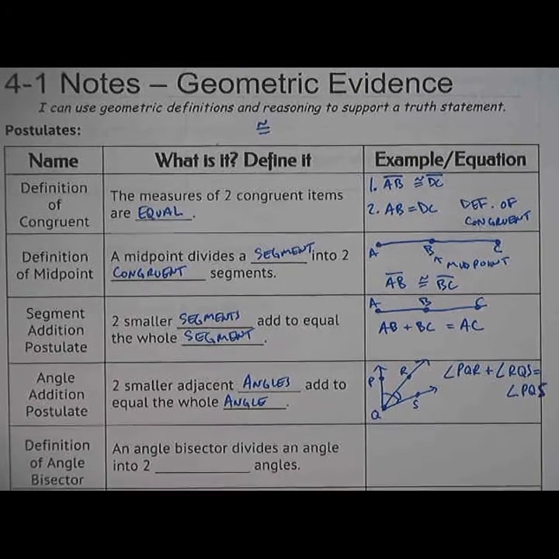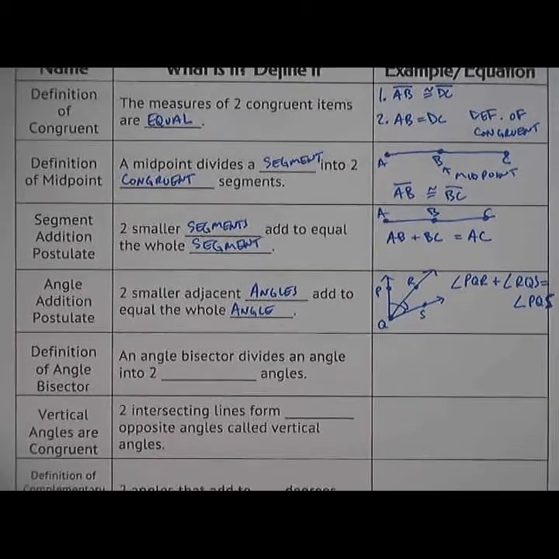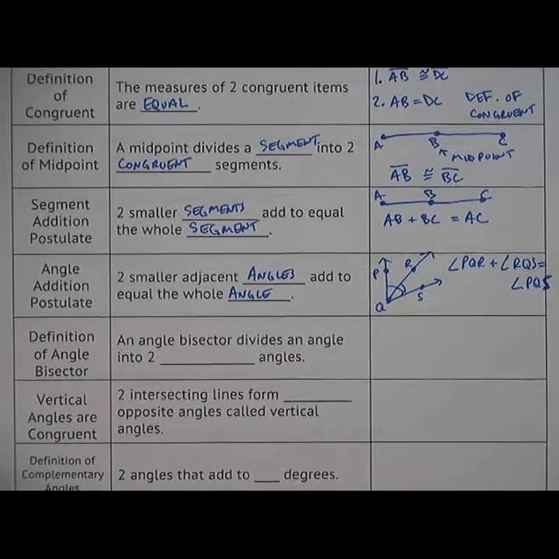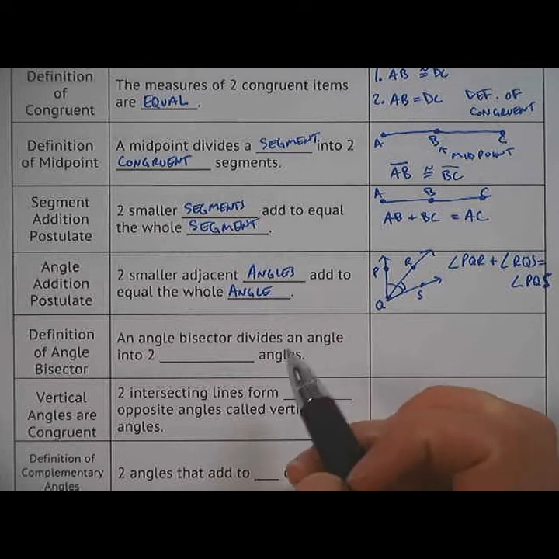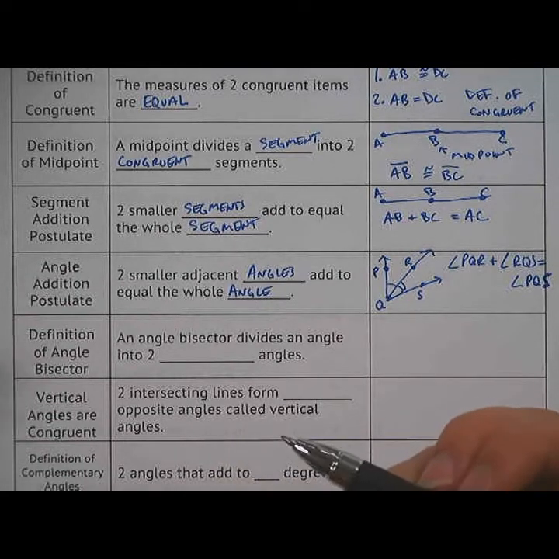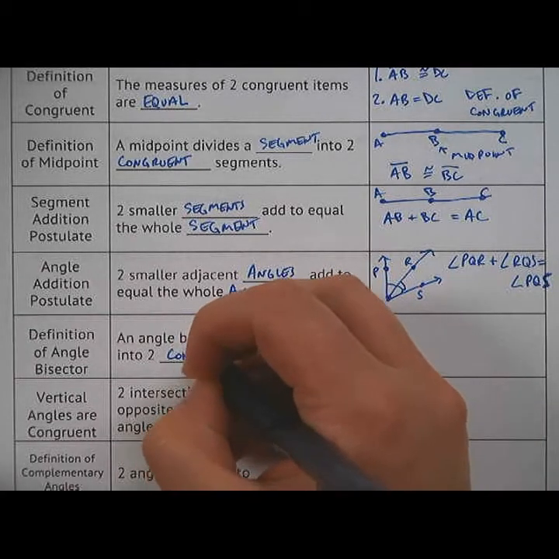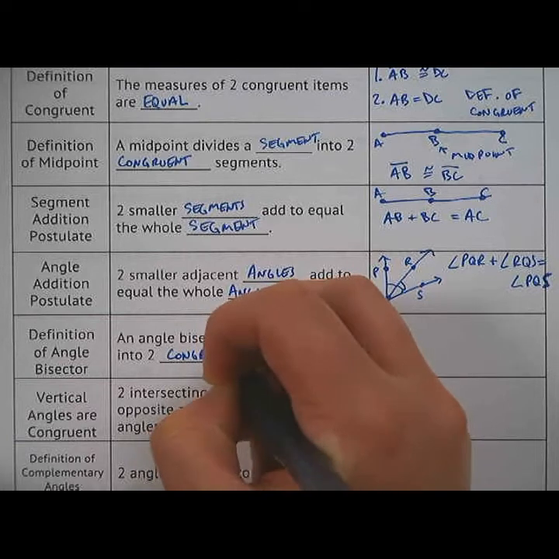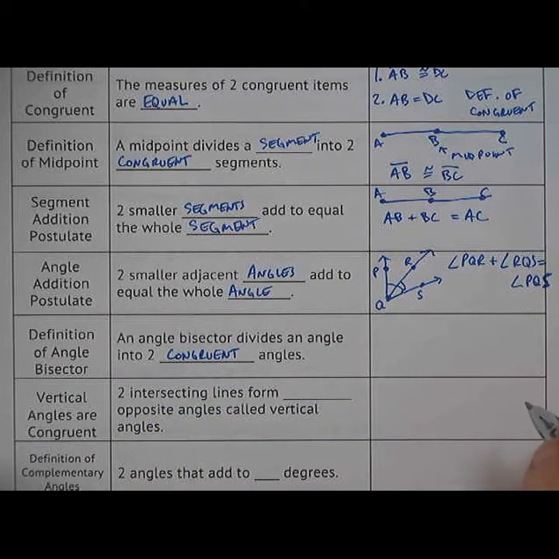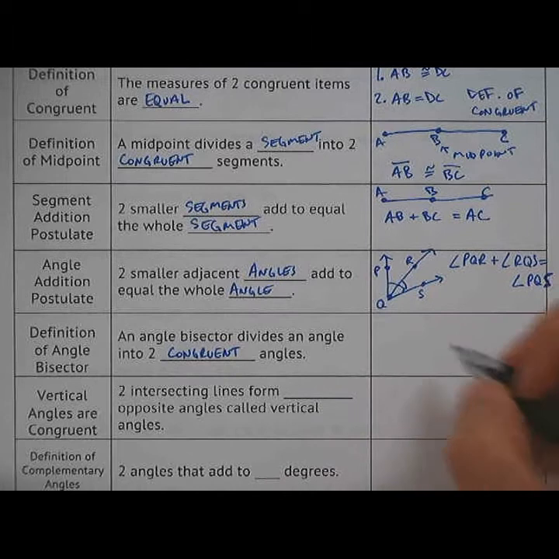The next thing we've got is definition of angle bisector. So an angle bisector is kind of like a midpoint, where a midpoint divides a segment into two congruent segments. An angle bisector divides an angle into two congruent angles. So congruent means equal, remember?